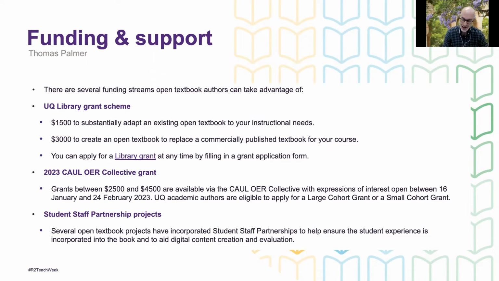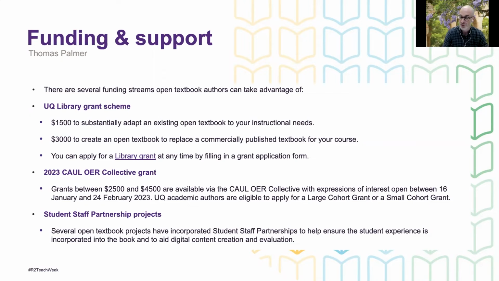Additionally, we've got a second grant. We've got some grants offered by the Council of Australian University Libraries, and you can see that these funding amounts range from $2,500 to $4,500. This is a limited time in which to apply, but they'll probably be offered each year.